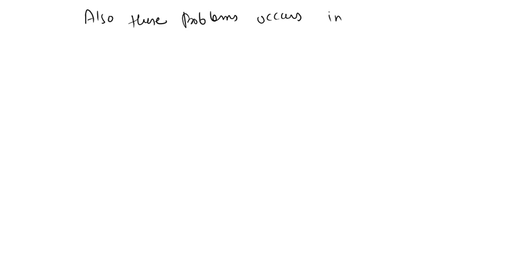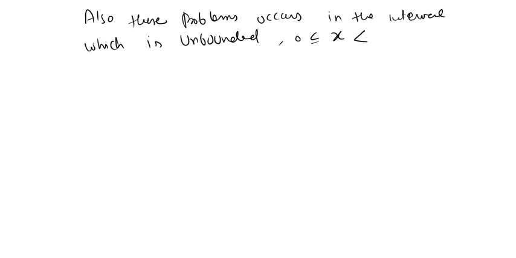This problem occurs in an interval which is unbounded. So one end is free, that is, you have the domain 0 to, let us say, infinity, or some a to infinity. So the right hand end is approaching infinity.